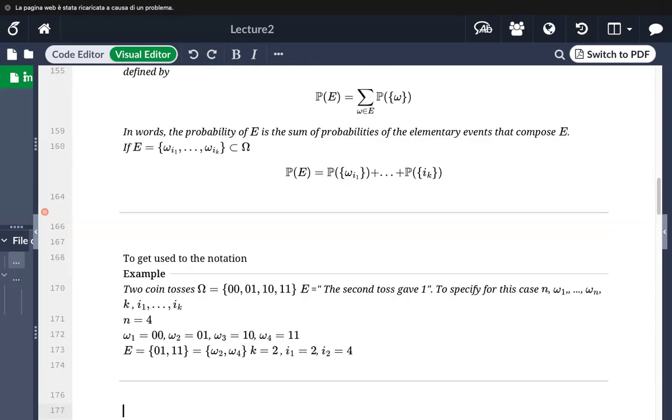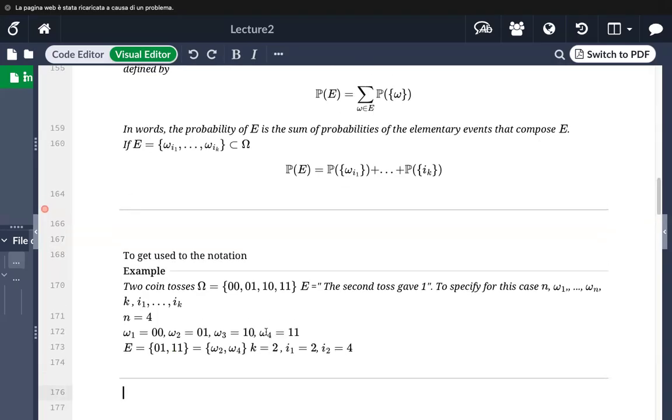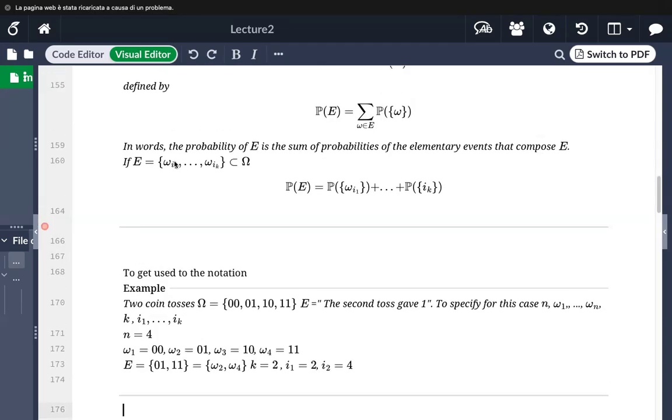Perfect. It can be a strange notation, but a general event can be written in this way. You take a subset of indexes of 1 to n.